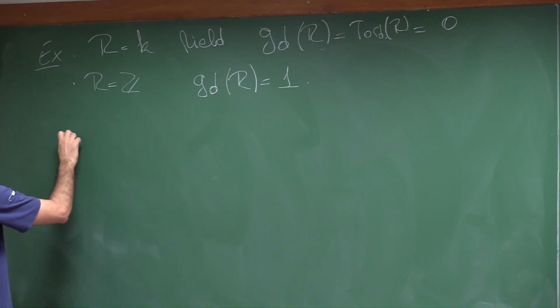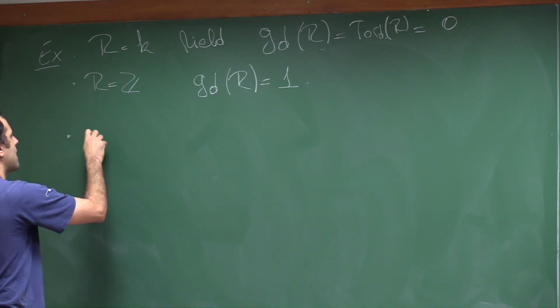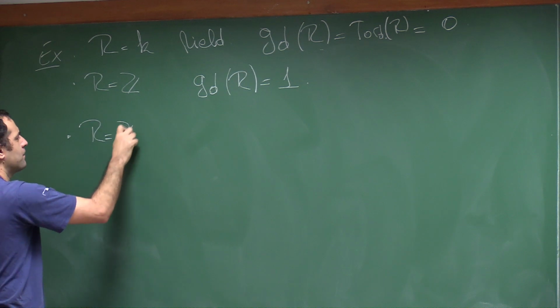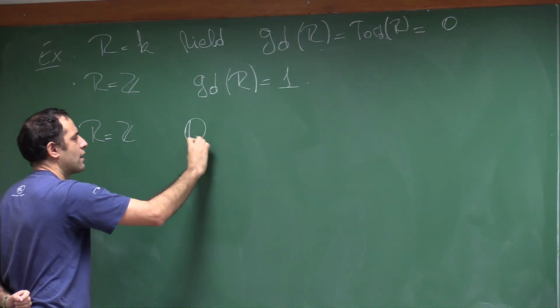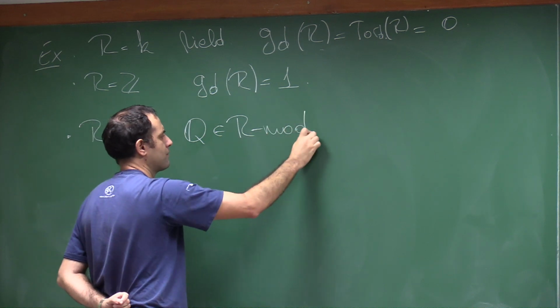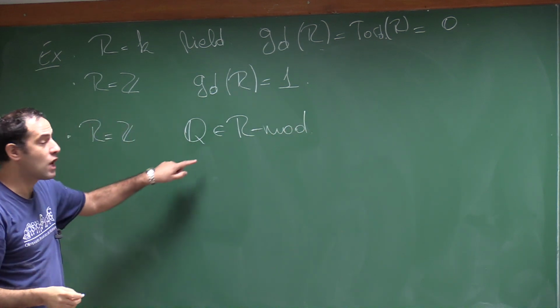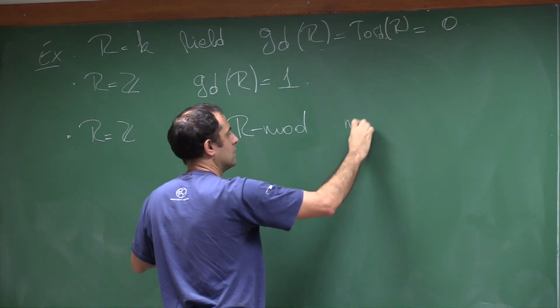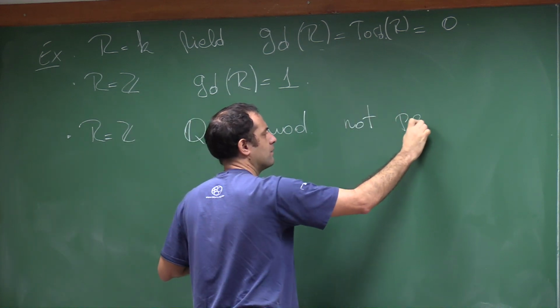So another example perhaps is, again, with the ring R being Z, but let's look at Q as an R module. So it's an abelian group. Q is not projective.